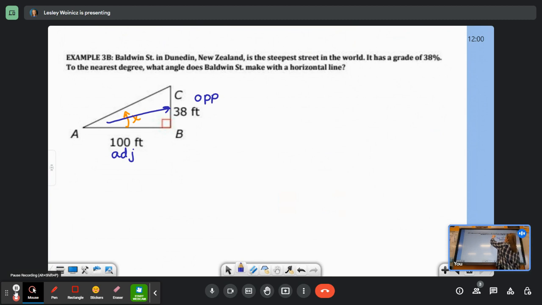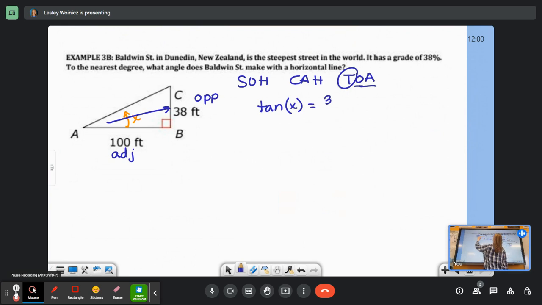So if we're thinking about SOHCAHTOA, and we have opposite and adjacent, we're going to need tangent. So then we just start filling in what we know. The tangent of the angle X equals opposite 38 over 100, which is the adjacent. I'm going to give myself a little room.